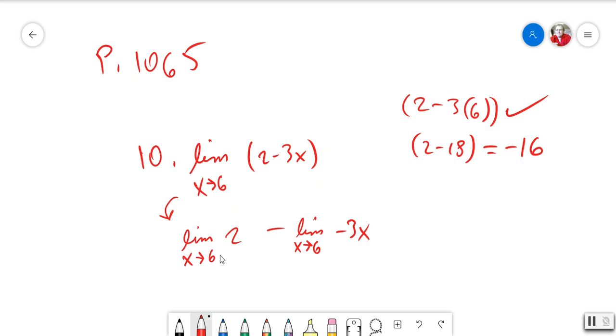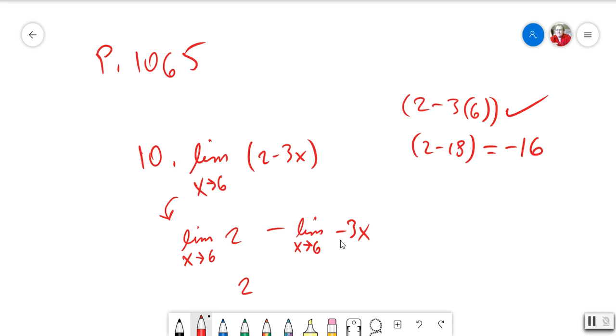Well, the limit of a constant, no matter where it's going to, is that constant, because 2 is a constant. It's always 2. So x goes to 6, it can go to 55, go to negative 48 and a half. It doesn't matter. It's unchanged.